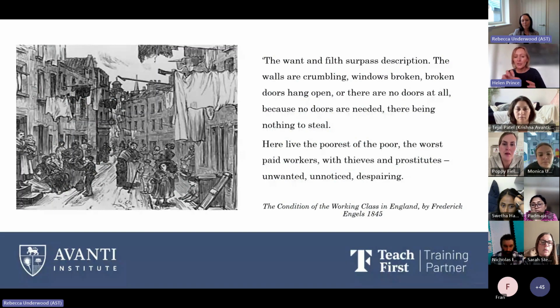And particularly when you've got, you know, Victorian London is just a gift, isn't it? Thank goodness we didn't have to live through it. But it's a gift for us now in the classroom because it was so, you know, juxtaposed between the rich and the poor and this horrendous walls crumbling, windows broken, doors not there at all, nothing to steal anyway, poorest of the poor.